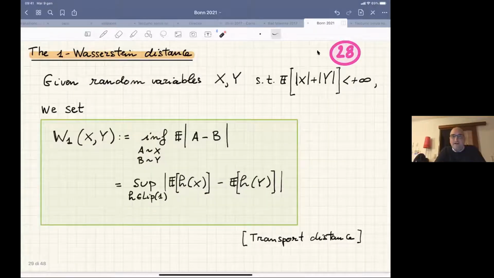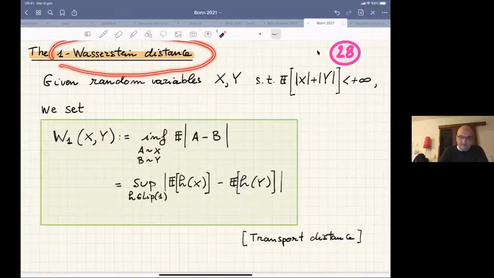So I will focus on one-dimensional approximations, and I will choose a distance in order to measure the distance between the distribution of random variables, which is a transport distance. It is called the one Wasserstein distance, at least in my lecture. There are other names that are available in the literature. And it is defined as follows.